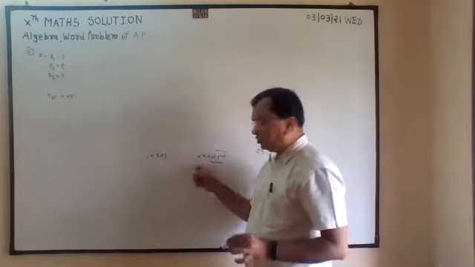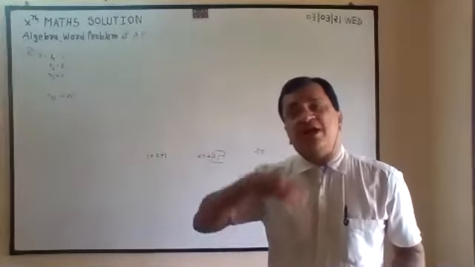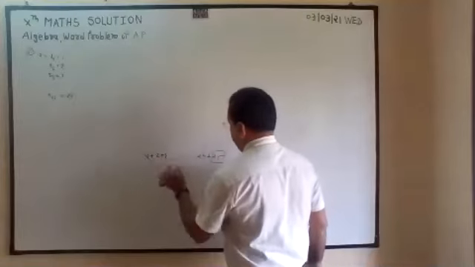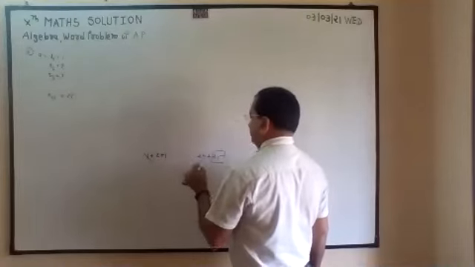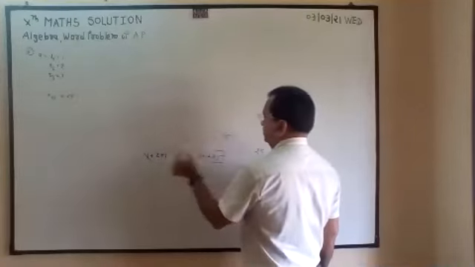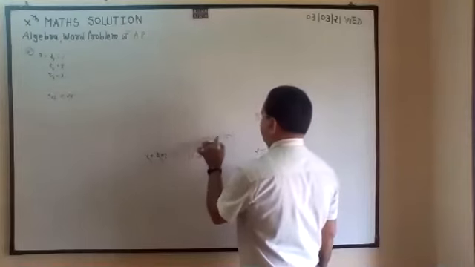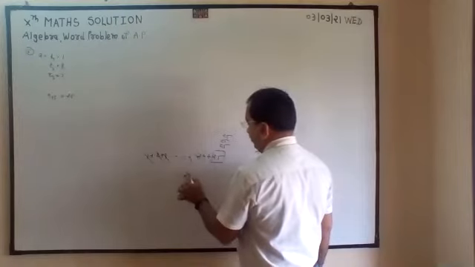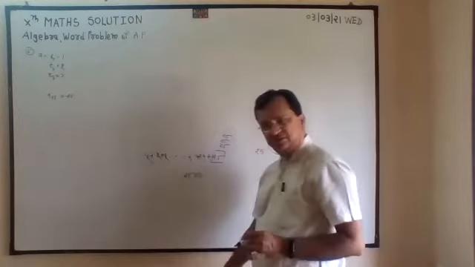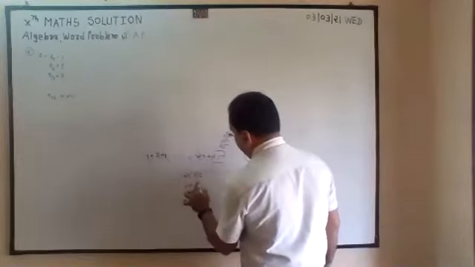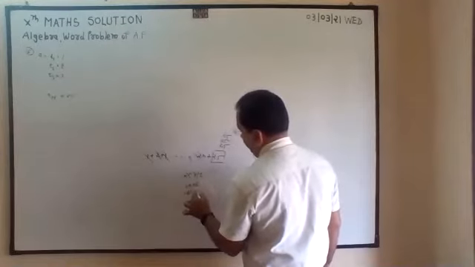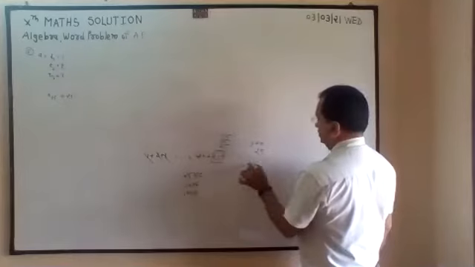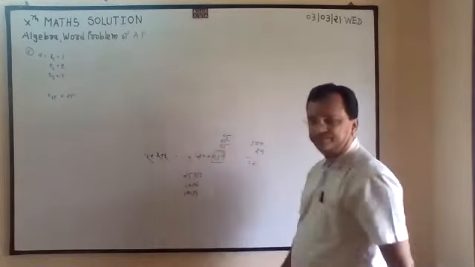So from 1 to 24, there are 12 pairs. So first and last number total is 25, this is total 25. So 25, 12 times, so 300, and the last number 25, so 325.